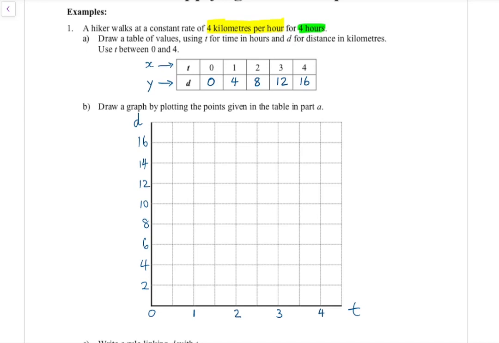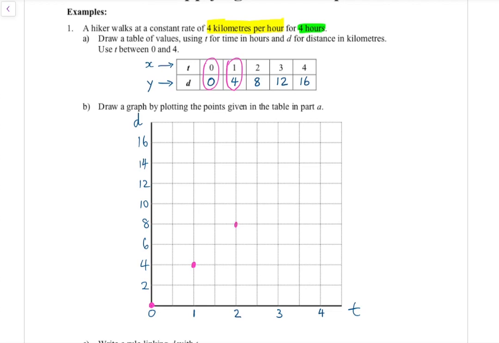Now I'm going to plot my points. The first point I want to plot is the point 0, 0. The second point, after 1 hour, they've walked 4 kilometres. So go out 1 hour, up 4. After 2 hours, you're up at 8 kilometres.